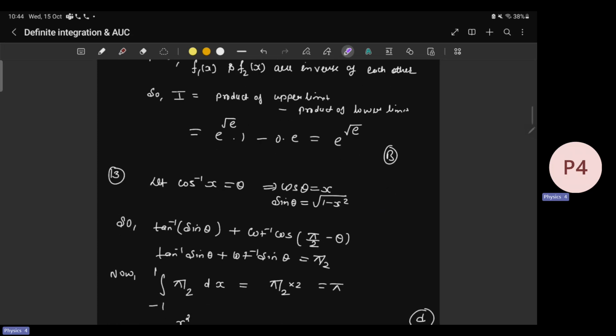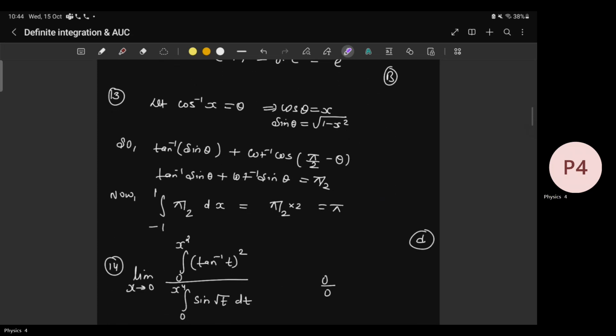Now the next question, that is question number 13. In this, we have to find the value of the given definite integral from -1 to 1. Let's say we put cos inverse x equals theta to reduce this complicated expression.